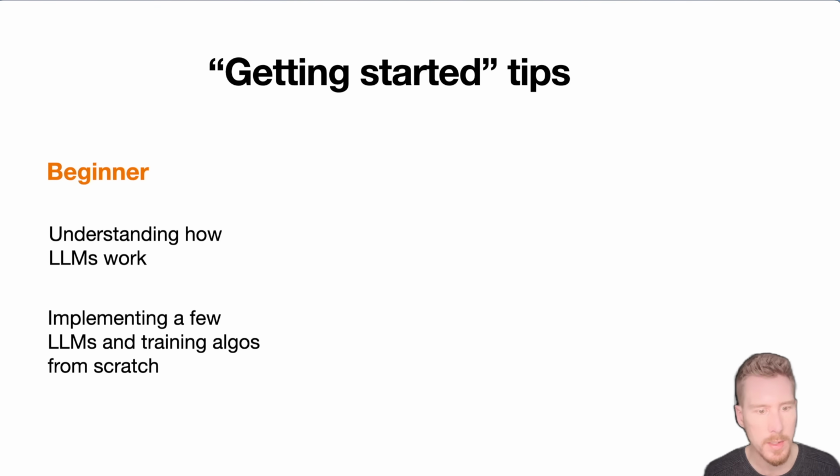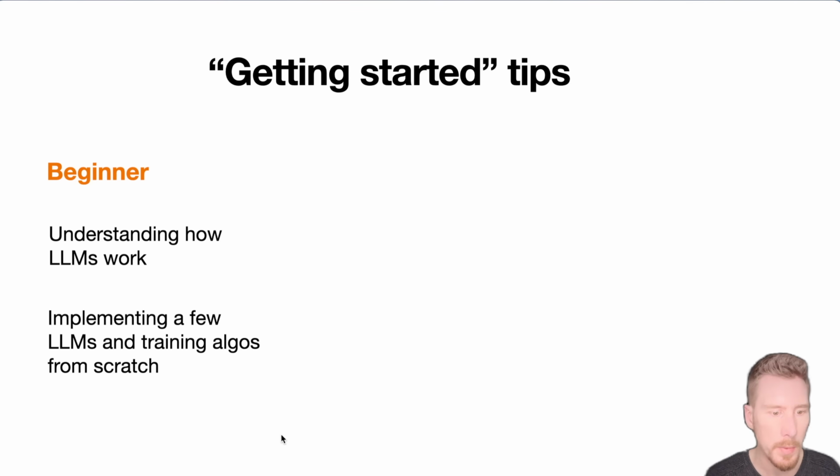Because like we discussed earlier, code doesn't lie. If you have an implementation where you know it's correct and you walk through it block by block, you're getting the real information. It's not like an abstract figure where things are missing. It's all there basically. So I think it's a great way to learn.